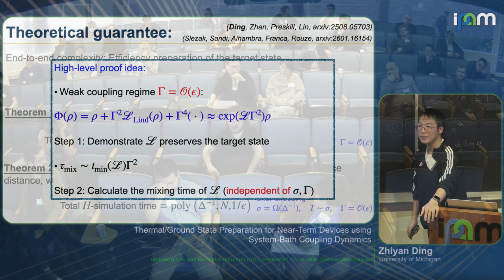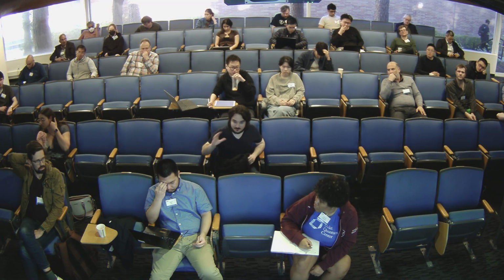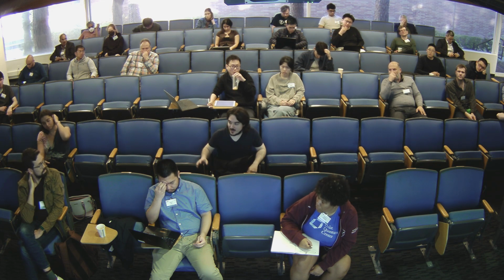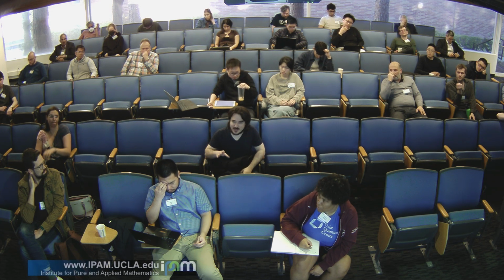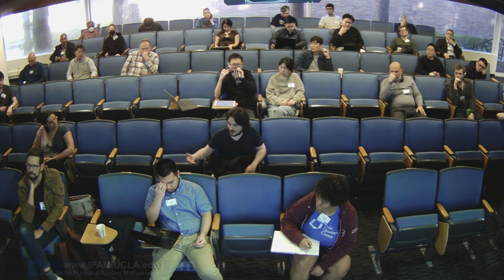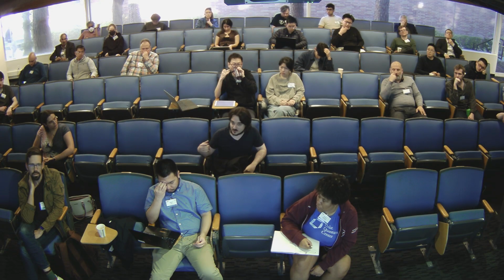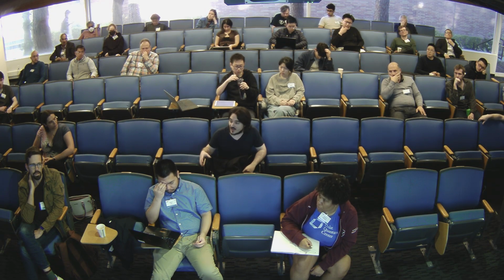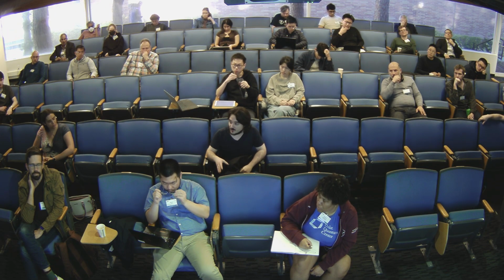Sorry, it's probably a vocabulary thing, just because I come from a slightly different subfield. But I'm just checking here. When you say weak coupling regime, I think you just mean that the coupling is strong enough that you can toss an excitation over with some kind of a swap via the 2-qubit gate, but it's weak enough that you're not actually perturbing the eigenstate of the system that you care about.